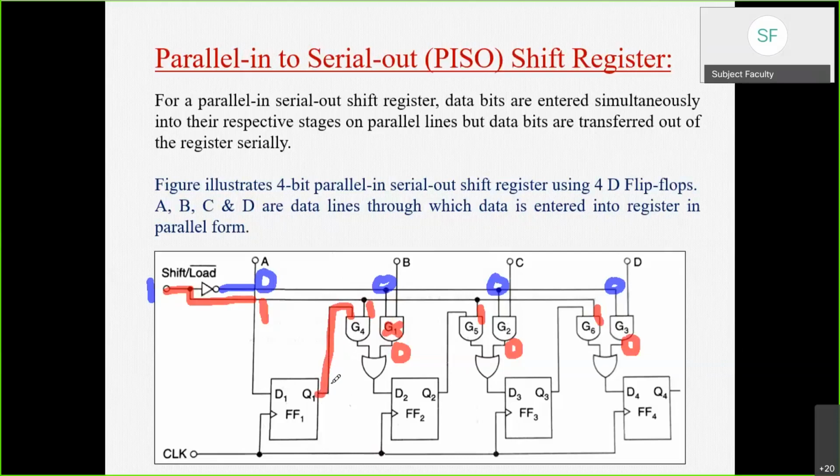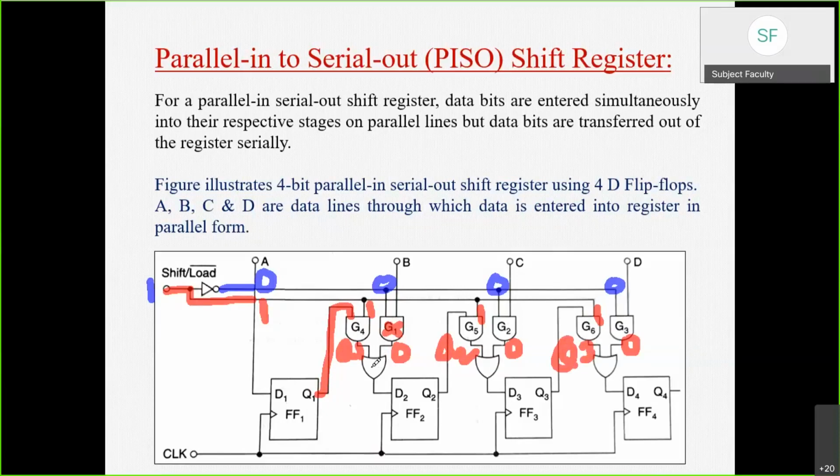So whatever the value of Q1, if it is 0, the output of this AND will be 0. If it is 1, the output of this AND will be 1. So the output of this AND gate will be Q1. Similarly, the output of the G5 gate will be Q2, and the output will be Q3.